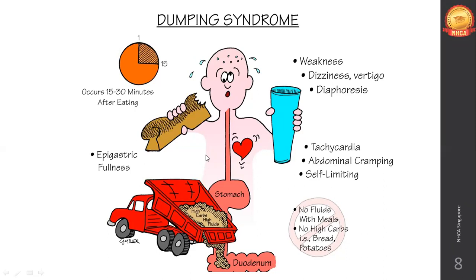Okay, tachycardia, your heart rate increases, stomach cramping will happen, you're not able to eat anything more. Okay, epigastric fullness, that is the upper stomach fullness, will be seen. Okay, so these are the symptoms that happen. Usually the patient will also feel nausea and vomiting. That's the body's response of trying to dump everything outside the body to reduce the stress on the GI system.